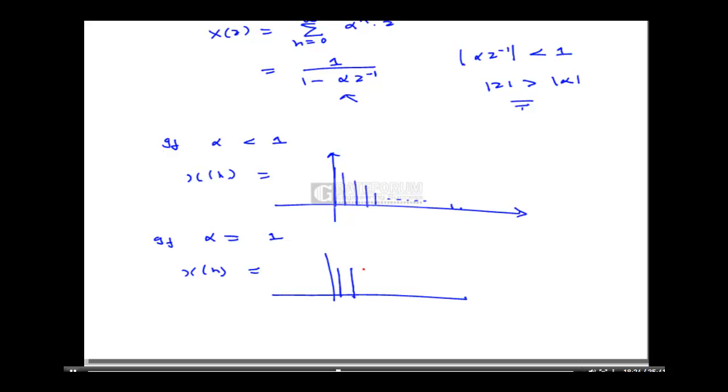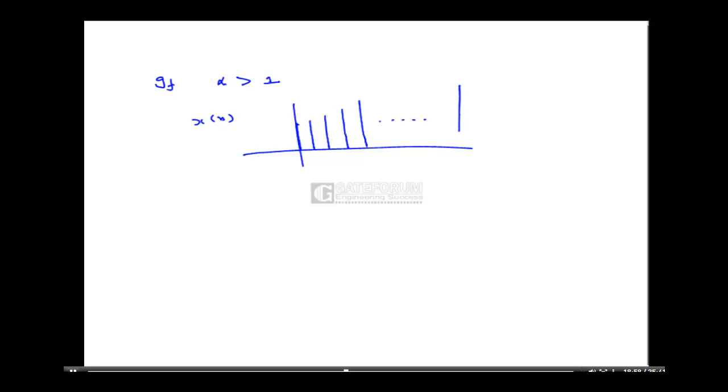All points are equal. The third case can be if alpha is greater than 1, then x[n] will be diverging and it will look like this. So we have seen the three different types of alphas.